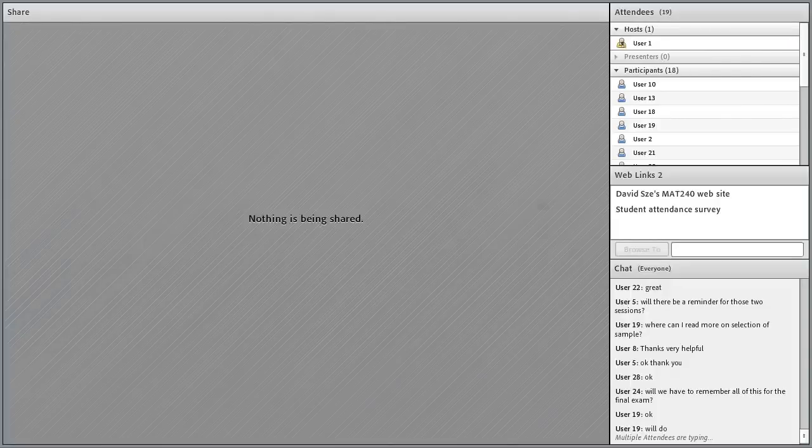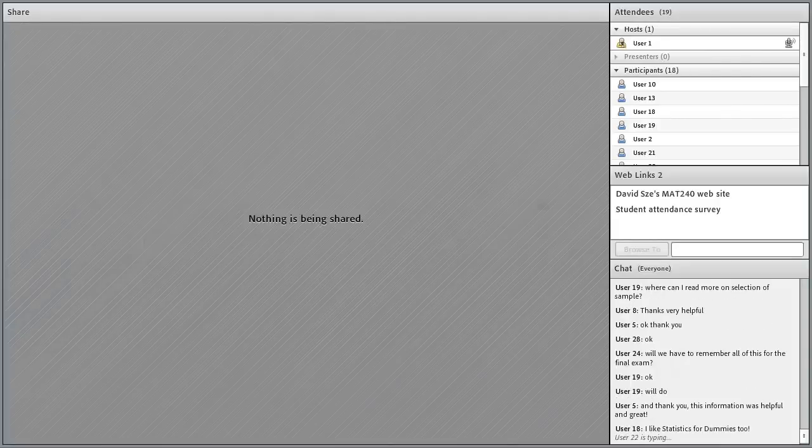Will we have to remember all of this for the final exam? Yes, Vince, you're going to have to know how to do all of this stuff. Everything that we're covering in the homework assignment will be part of the final exam. But the nice thing is you will be able to use StatCrunch. So the more you practice, the better. And there will be a final exam webinar review. I'm sure you'll feel much better once we go through that.